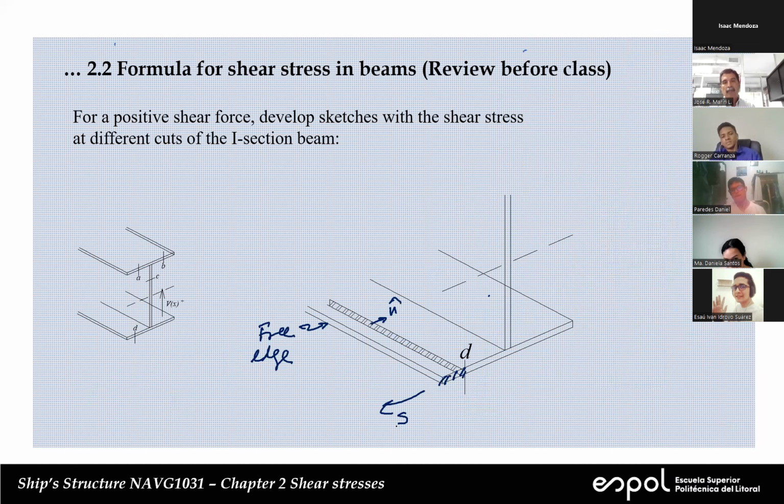Now, let's review our equation. The equation for tau Sx is equal to, what was the equation, people? Mr. Guaman, do you remember? Don't give me the name of the variables, give me the interpretation.